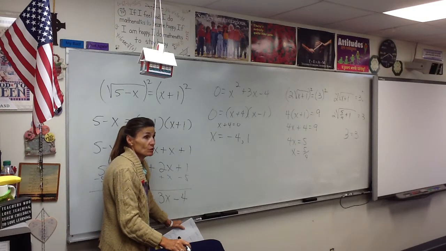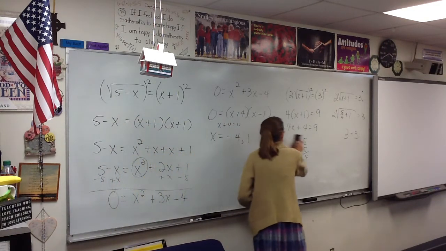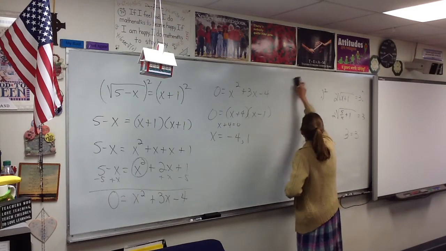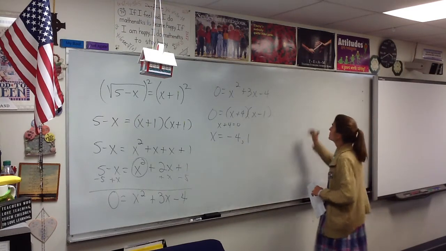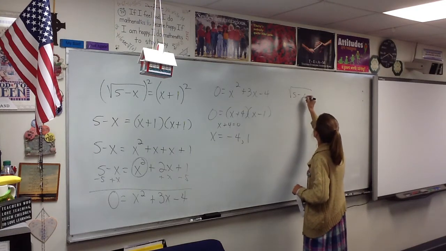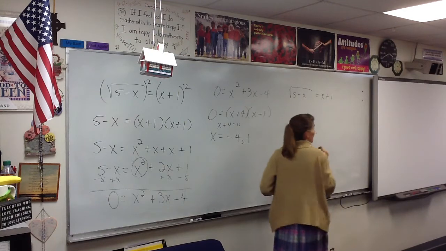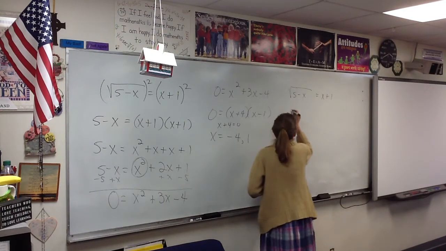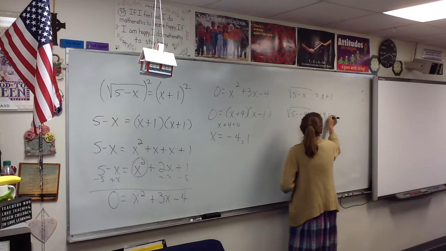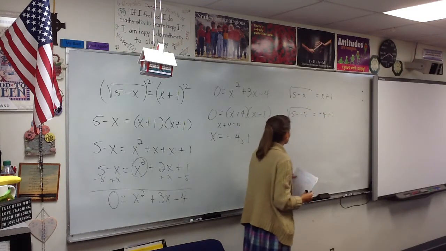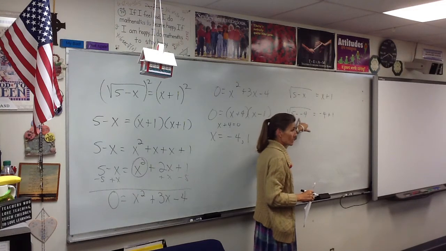Now, what do I have to do? Check them. Both. So here we go. My original problem was this. So I'm going to put in negative 4. So that's going to be 9.